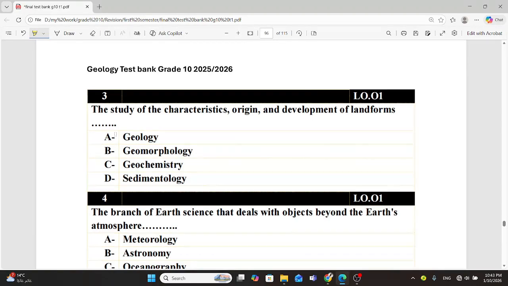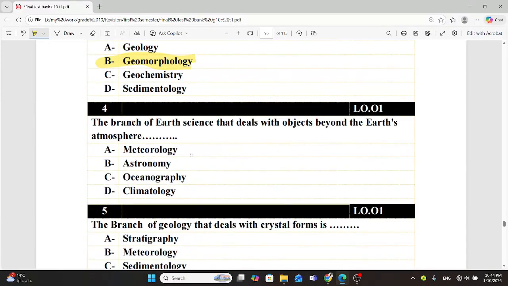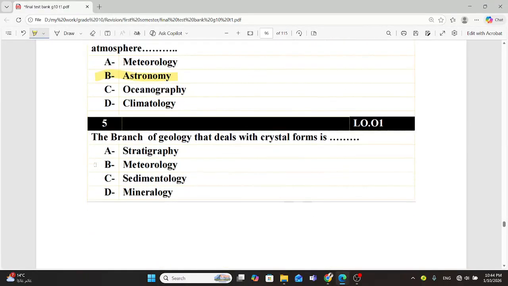The study of the characteristics, origin and development of landforms. ده geology ولا geomorphology ولا geochemistry ولا sedimentology. يبقى geomorphology. The branch of Earth science that deals with objects beyond the Earth's atmosphere هو الأسترونومي.